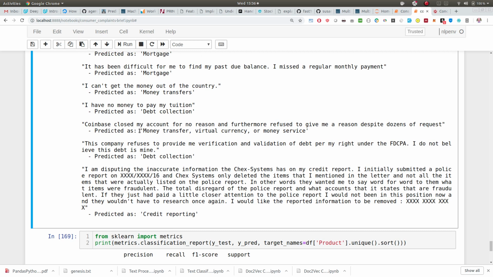We can see the narrative beginning with Coinbase now has a correct classification as money transfer, virtual currency or money service. So the accuracy is much improved in this model.